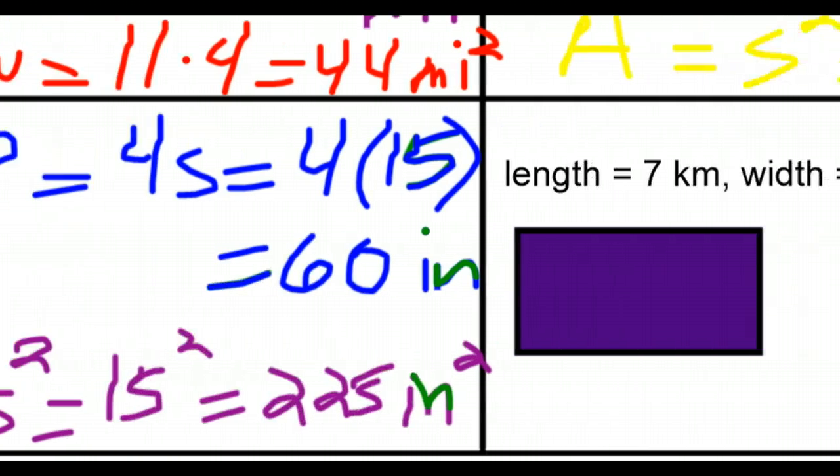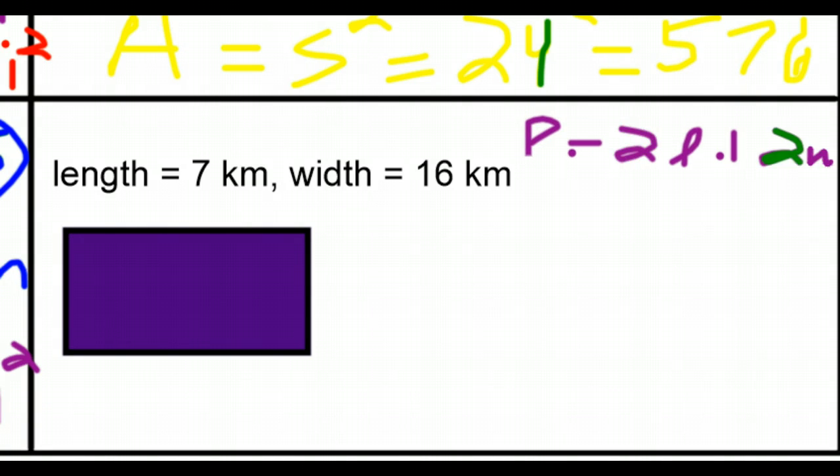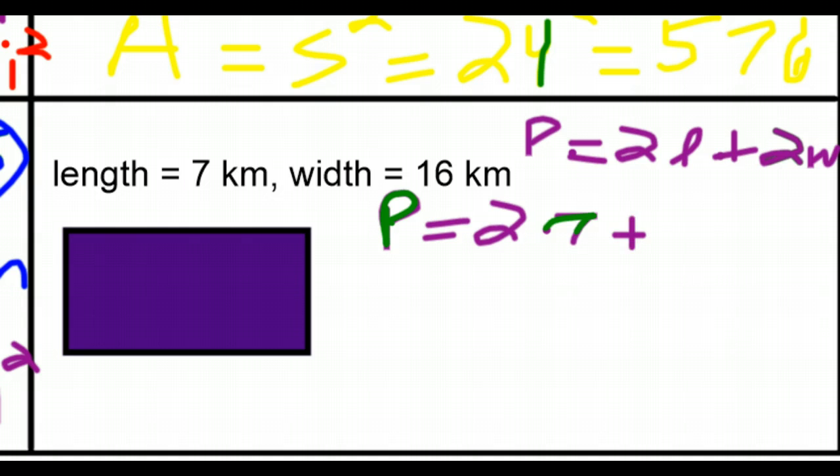Finally, we have the perimeter and area of the rectangle, length of 7 kilometers, width of 16 kilometers. Our perimeter is 2 length plus 2 width. Our length is 7. Our width is 16.